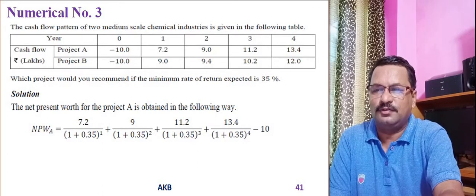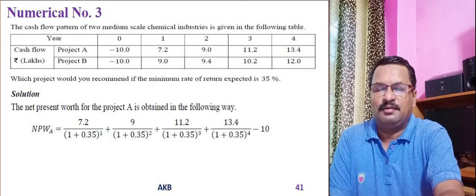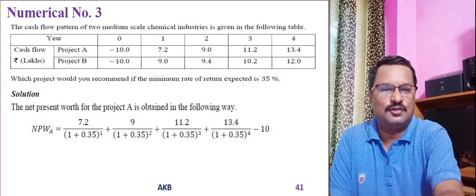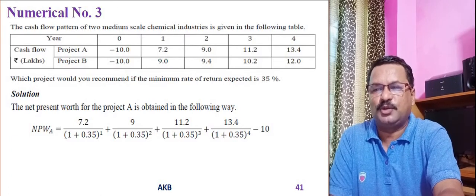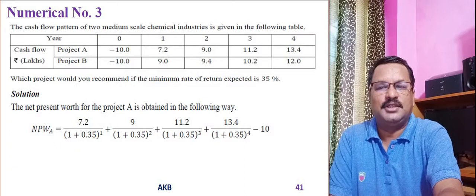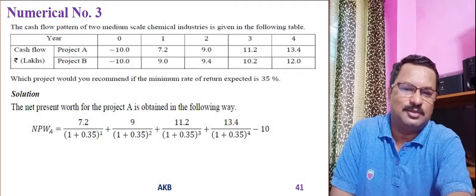NPW of A will be equal to 7.2, which is the 7.2 lakhs cash flow for the first year for project A. So it will be 7.2 divided by (1 plus 0.35) raised to 1, plus for the second year 9 upon (1 plus 0.35) raised to 2, plus for the third year 11.2 divided by (1 plus 0.35) raised to 3, plus for the fourth year 13.4 divided by (1 plus 0.35) raised to 4, and minus 10 being the total capital investment for the project.